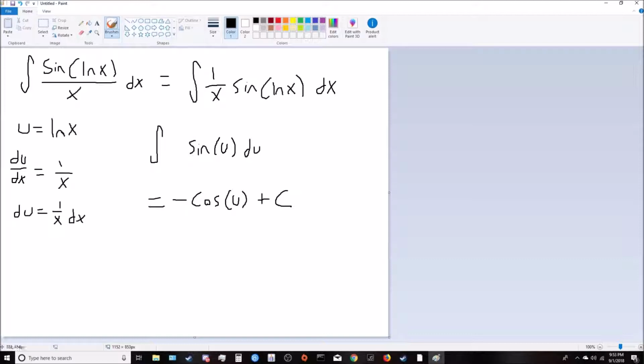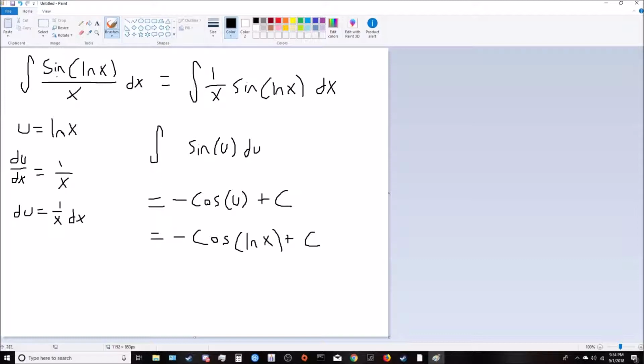And so now our last step is to plug things back in to get them in terms of x again. So that's going to be negative cosine of u, where u is equal to natural log of x, plus c. And there you have it.